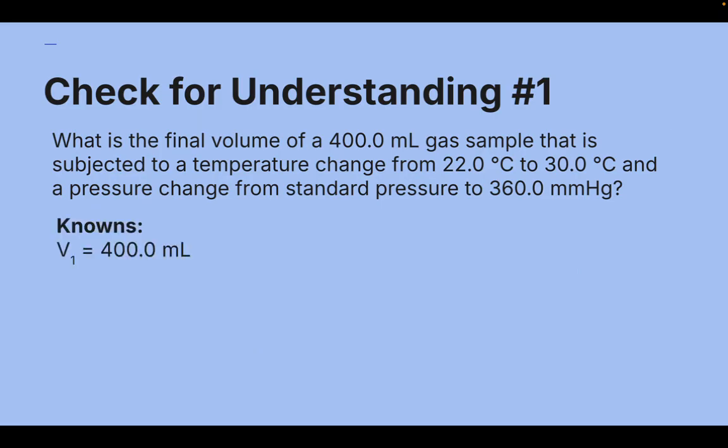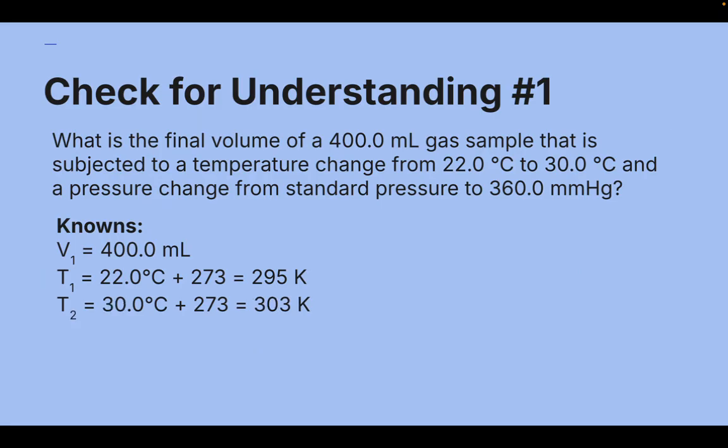In this one, your known variables should have been an initial volume of 400 milliliters, an initial temperature of 22 Celsius, which you should have converted into 295 Kelvin, a final temperature of 30 degrees Celsius, which you should have also converted into Kelvin, an initial pressure of 760 millimeters of mercury, because we are told that it starts from standard pressure, and a final pressure of 360 millimeters of mercury.